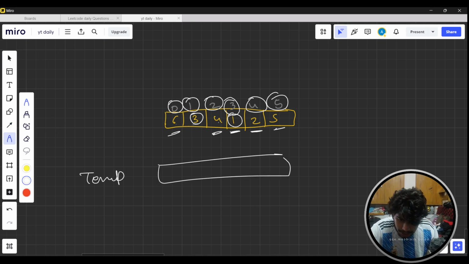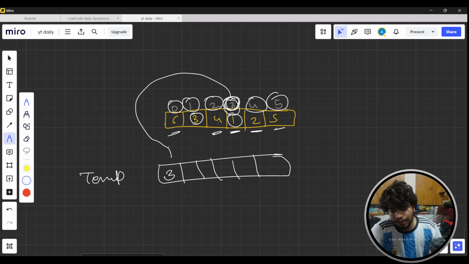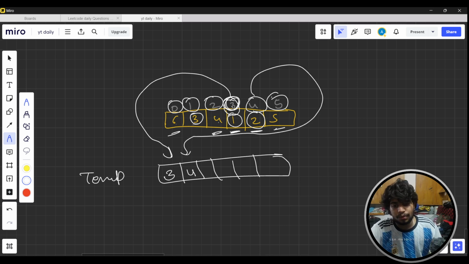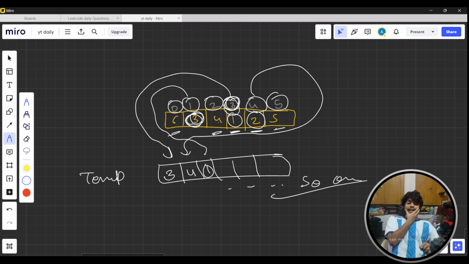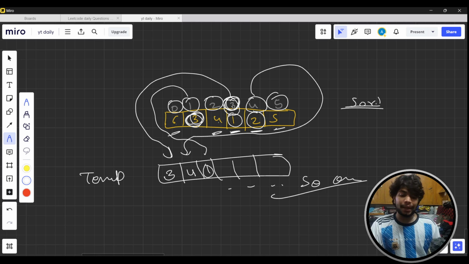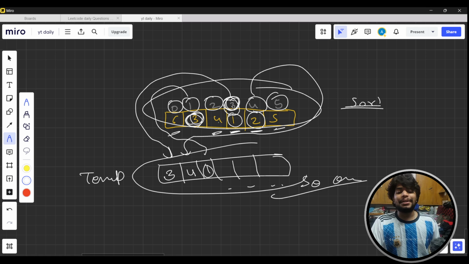I will create a temp array of the same size, 6 elements, and the smallest will come first, whose index will come first, like 3 will come here. Now the second smallest is 4, will come here. Now the third smallest is this one, will come here, and so on. I can do this by comparing the elements of the position array while arranging the elements of the temp array.